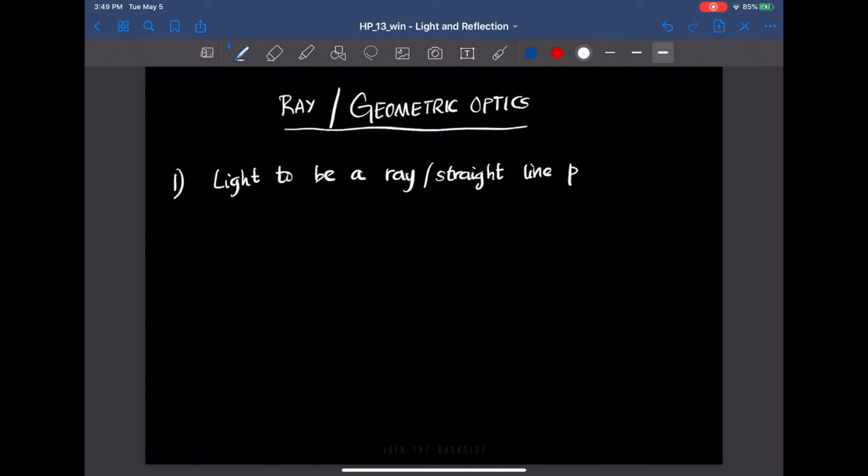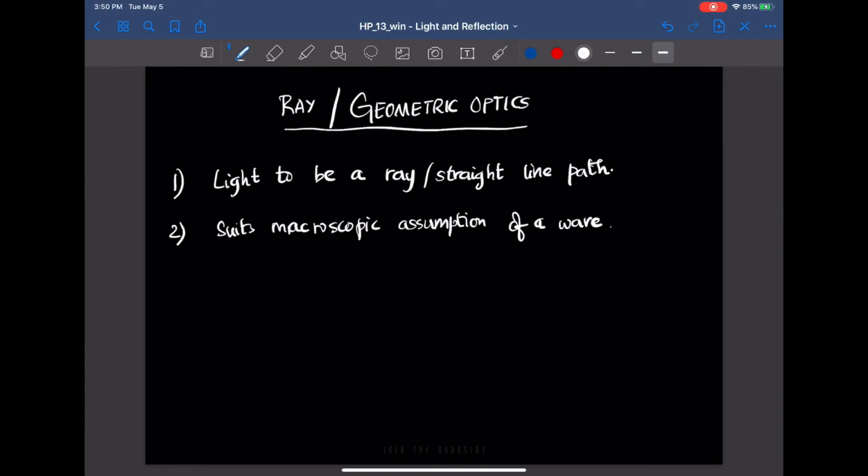So it has a straight line path. The reason we consider it this way is because it suits the macroscopic assumption of a wave.